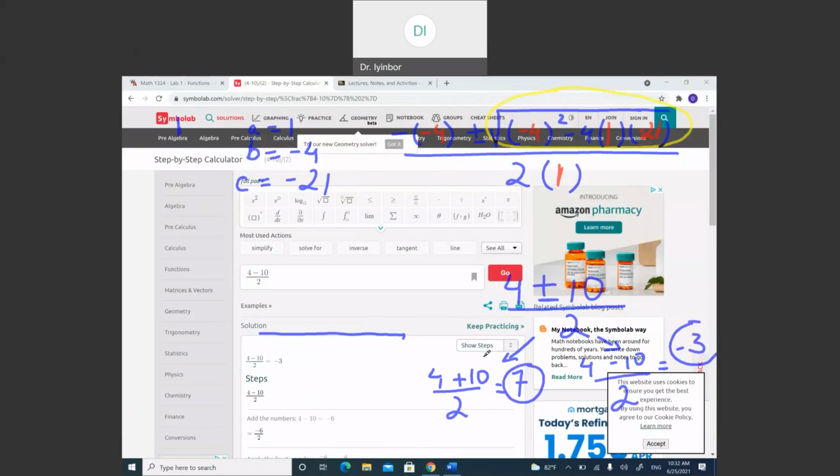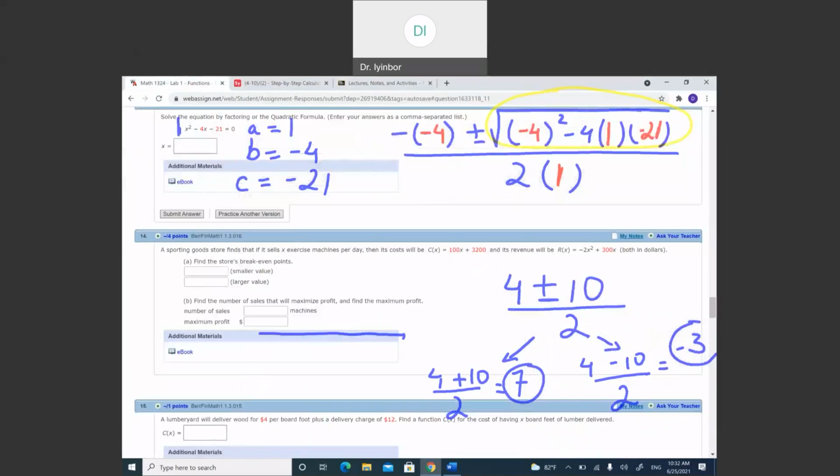And then I'm going to go there and plug in the answers. Now here it says enter your answers as a comma separated list. So what that means, I'm going to put the first number, comma, the second number. And it doesn't matter which number you put first.